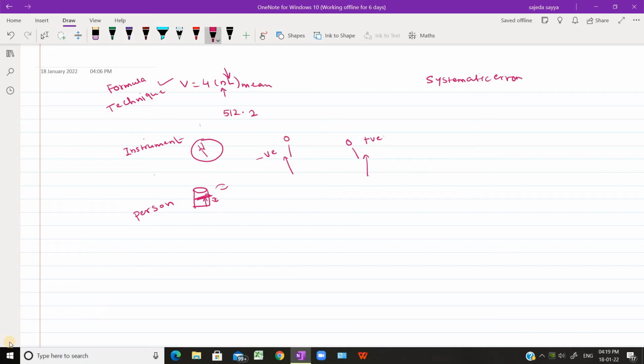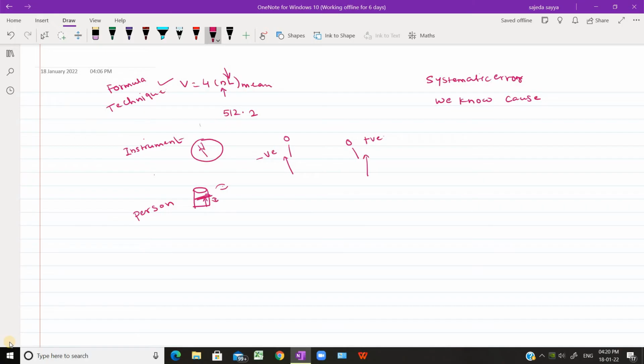It is called systematic error. The errors which occur due to the system are called systematic errors. Okay. And in the case of systematic error, we every time know the cause by which these errors occurred.